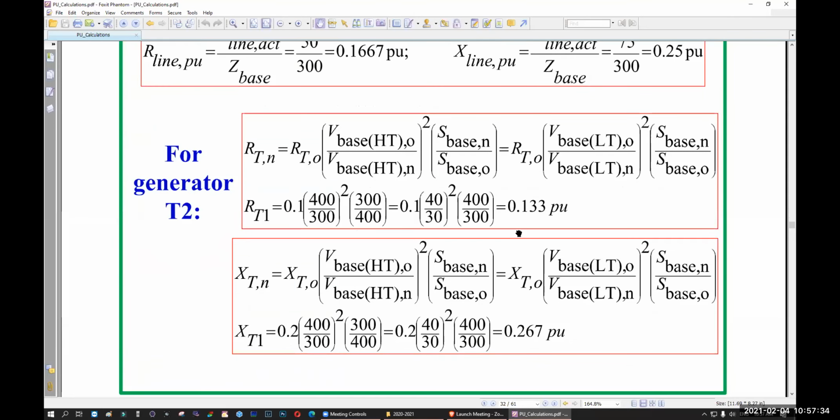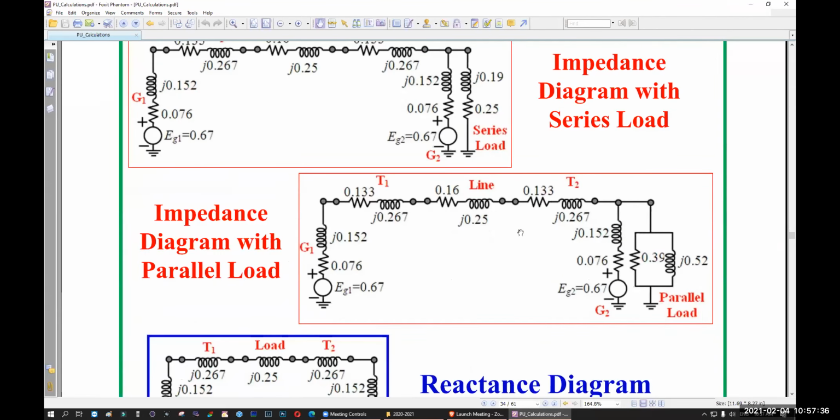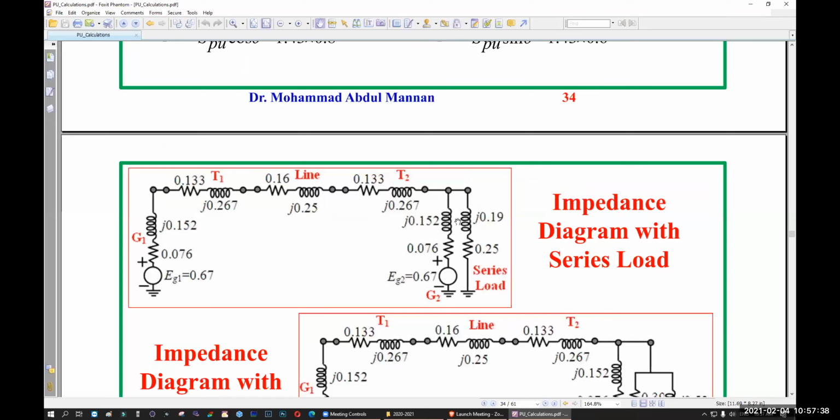What is the drawing? Here, this one is for the series load. How do I know that? See, at first you have a generator. So you have a voltage, a resistance, and a reactance. Then you have a transformer, right? One resistance, one reactance. Then you have a line, one resistance, one reactance. Then you have a transformer, one resistance, one reactance.